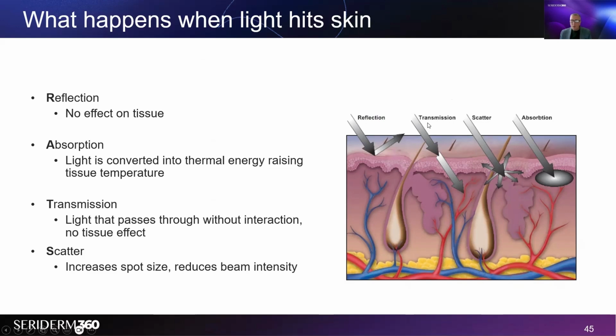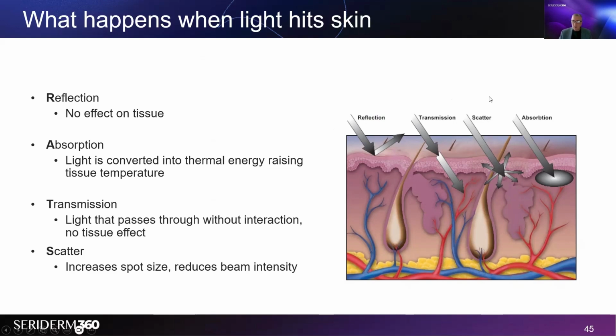In the same way as when you use an IPL, because we talked about with an IPL in the last section, you get this great scatter of light. To minimize that, you use the correct type of waveguide, but you also use a coupling gel. In the past, people have thought of gel as being there with an IPL to protect the epidermis, but it's actually there to provide a bit of optical coupling to reduce the amount of reflection of light.